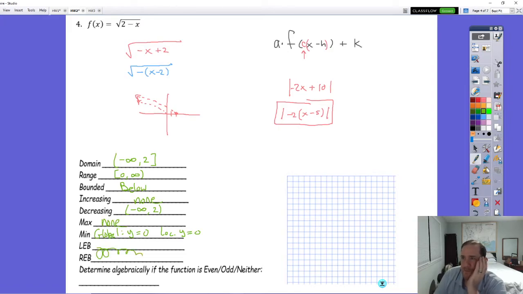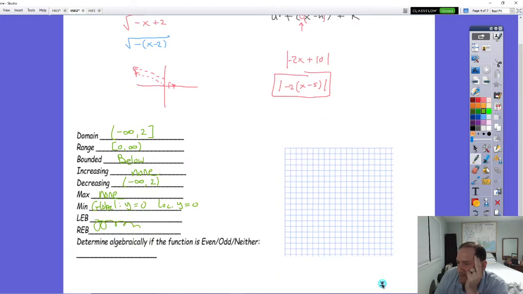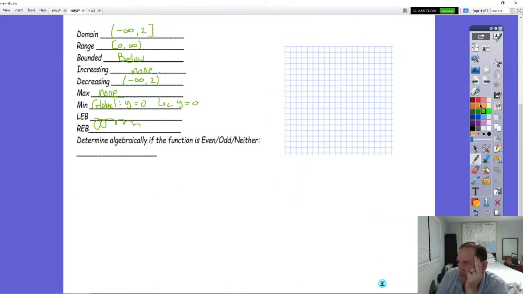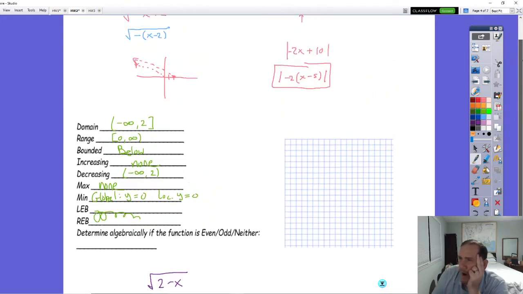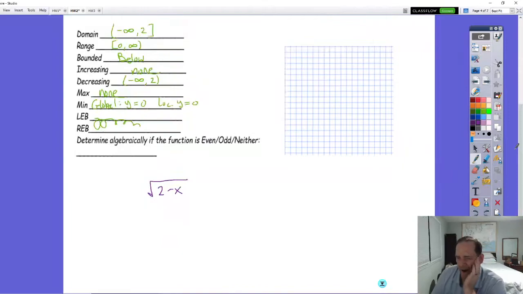Forget about end behavior. Prove whether we're even or odd. From my sketch here, you can see we're neither even nor odd. But let's make sure we see how that justification looks. So what is it? Square root of 2 minus x. That's f of x.